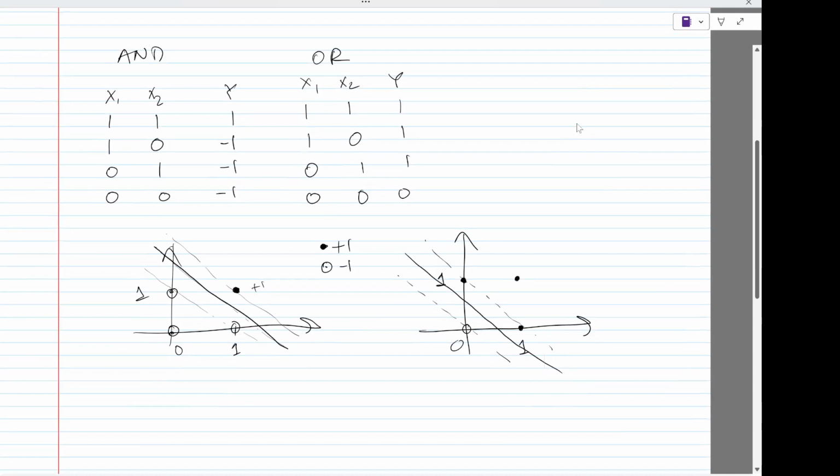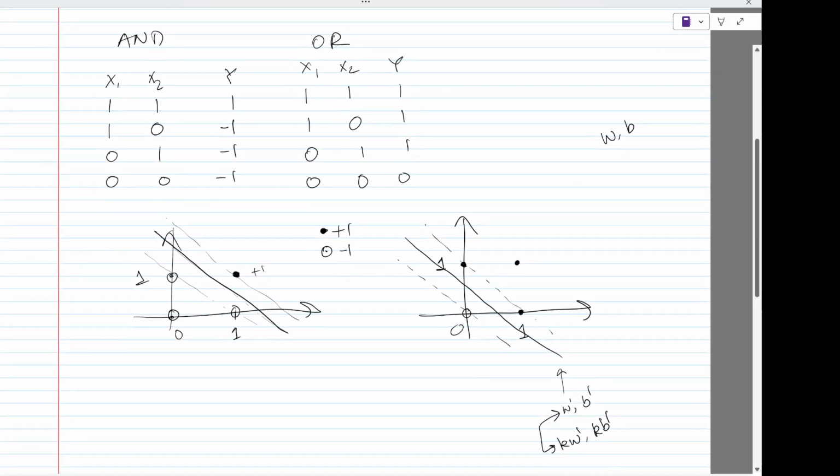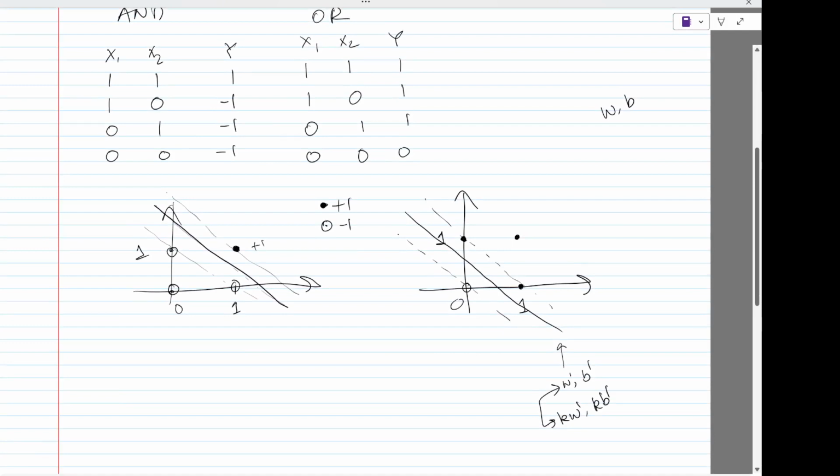If you see the weight vector, it has 2 components, right? W and B. Suppose this was some W1 comma B1, then even if I scale it K times W1 comma K times B1, these two are still the same decision boundary, right? But that's not the only thing.